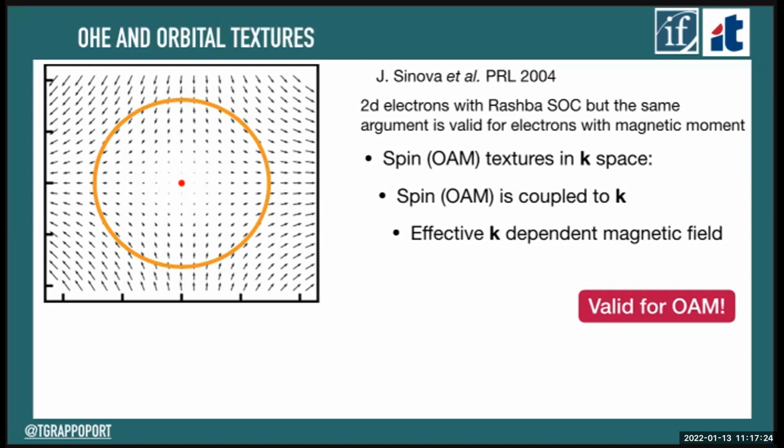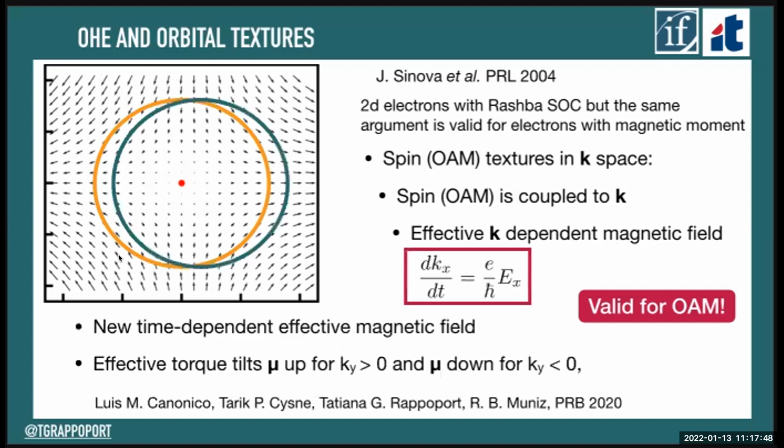If there is a spin texture, it means that k and the spin are locked because of the spin orbit coupling, which we can see here. And in the presence of an electric field, there will be a dynamic in k space. So the Fermi surface, which is just this circle, will be displaced by an amount which is proportional to the electric field at a small time, right?